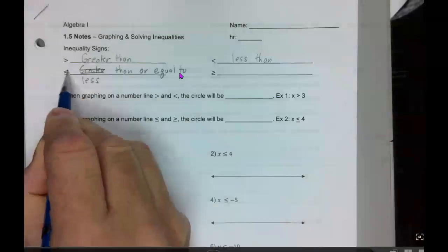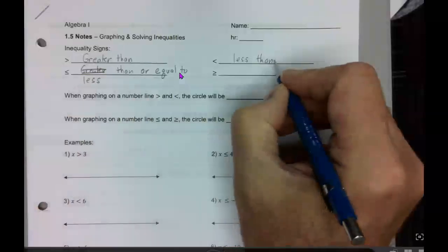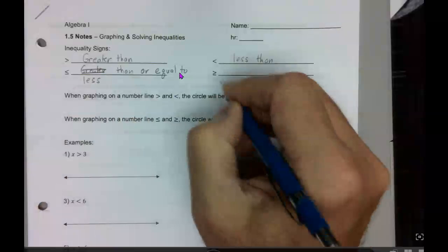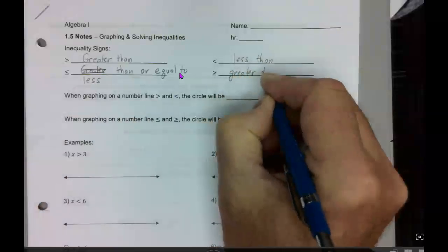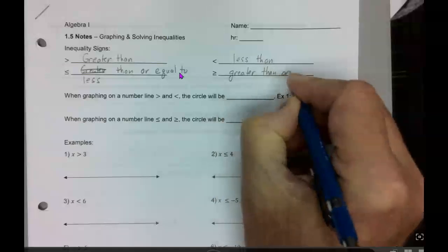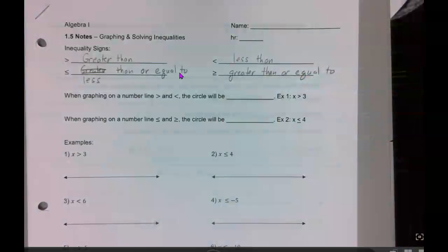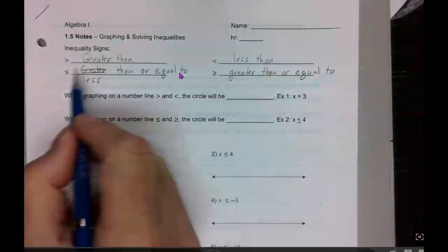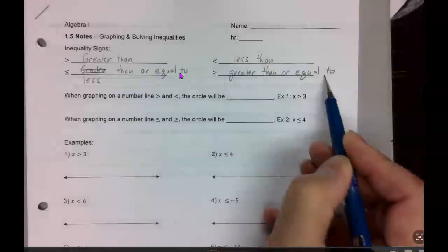You see how the arrow always points towards the less than. This is less than or equal to. This is just less than, and then this is greater than or equal to. I don't know why they didn't line them up the same. Sorry about that. Okay? So greater than, less than or equal to, less than, greater than or equal to.